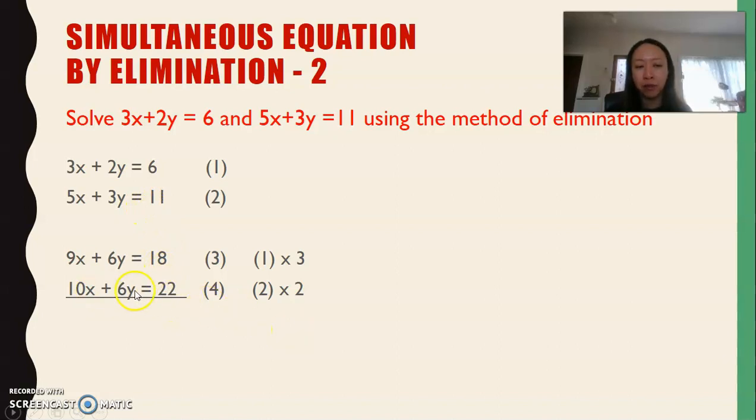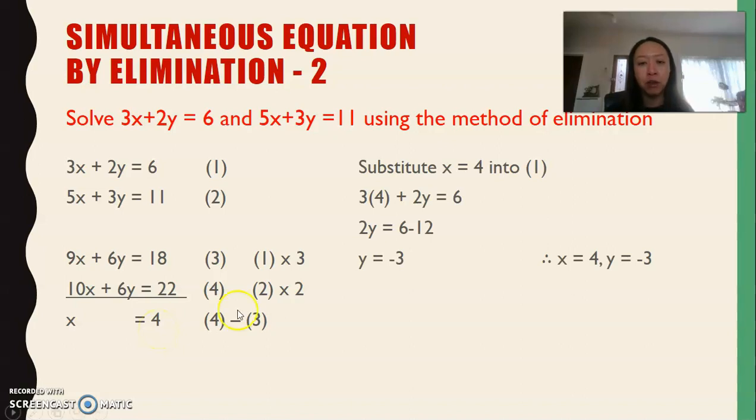So now that we have done this and we have 6y and 6y as the same terms, we can use the fourth equation take the third equation to eliminate my y. So 10x minus 9x will give me a singular x. 6y minus 6y is 0. 22 minus 18 gives me 4. So I have found the value of my x.